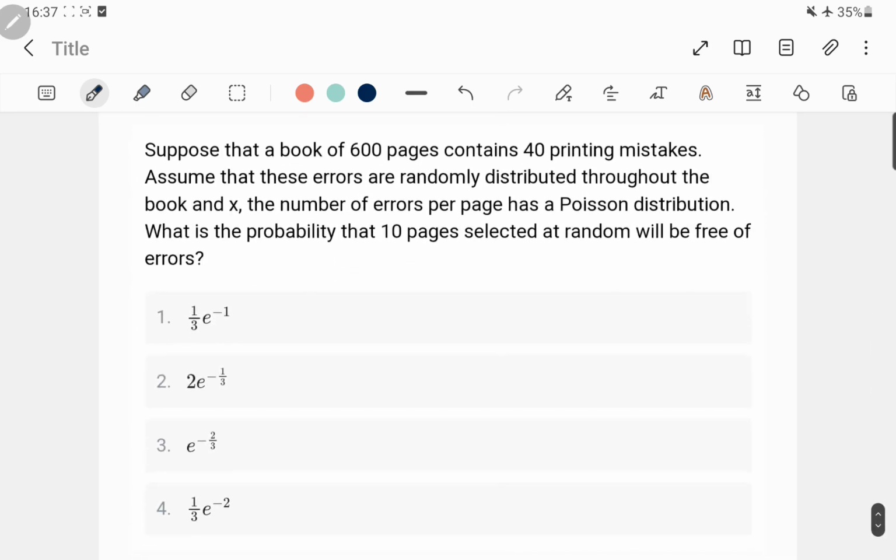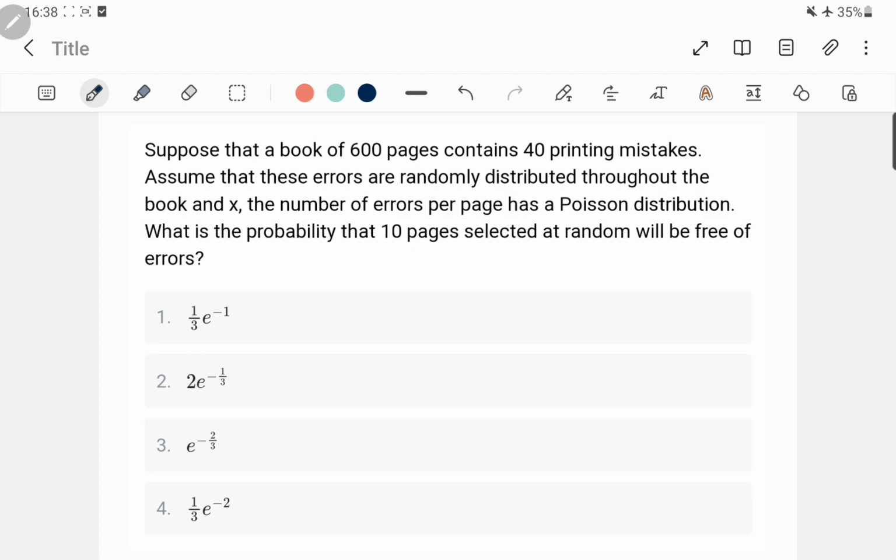Okay. Suppose that a book of 600 pages contains 40 printing mistakes. Assume that these errors are randomly distributed throughout the book and X, the number of errors per page, has Poisson distribution. What is the probability that 10 pages selected at random will be free of errors?